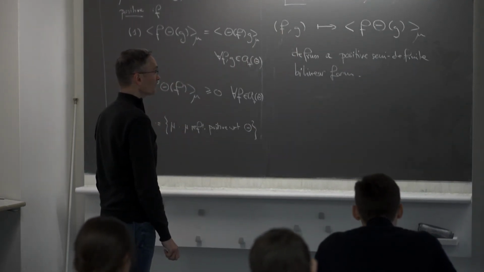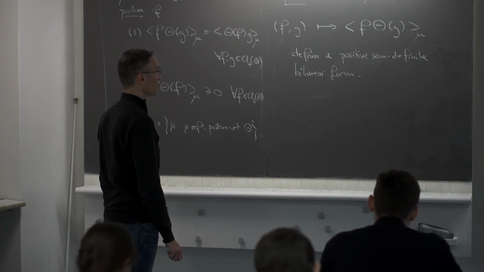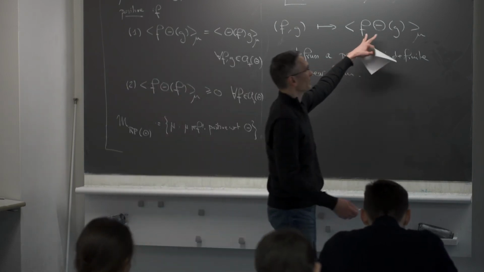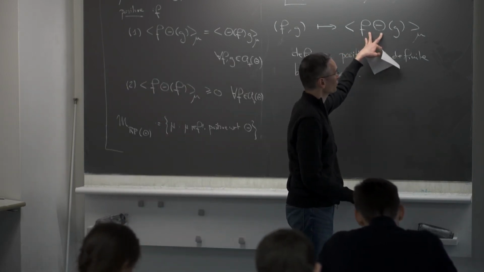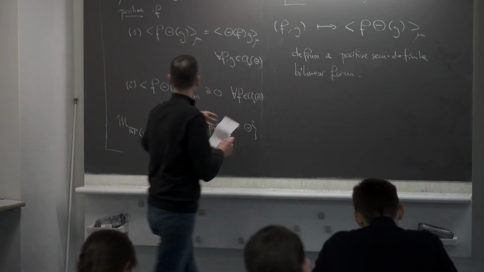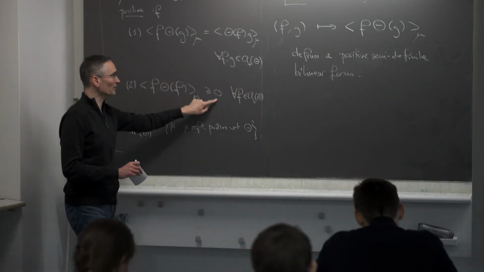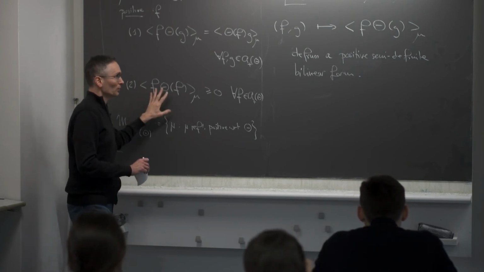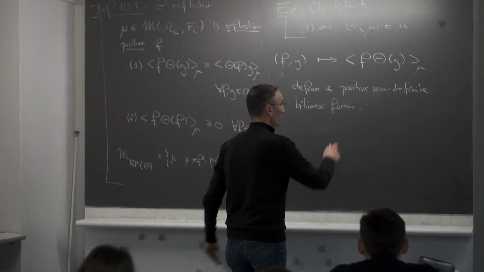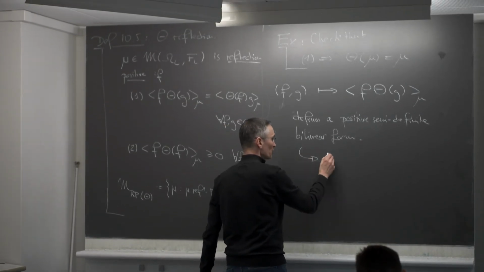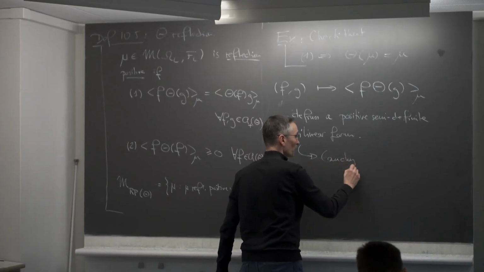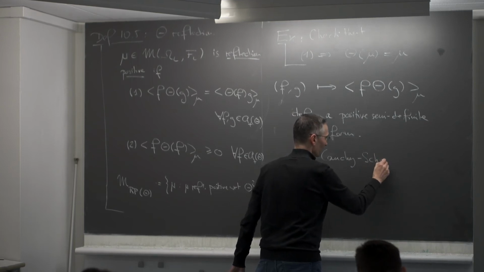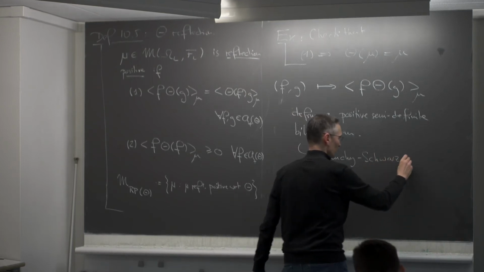And why is it nice? Well, as soon as you have a positive semi-definite bilinear form, it's almost a scalar product that I'm defining here. It's not quite a scalar product because it's possible that f theta f is equal to 0 without f being 0. That's a bit annoying, but basically it's a scalar product, and therefore you will be able to deduce a Cauchy-Schwarz inequality, which I'm going to do now. It's the usual proof of the Cauchy-Schwarz inequality.